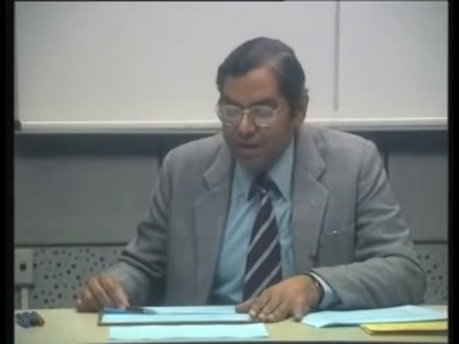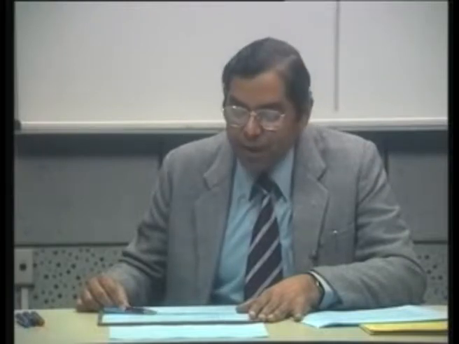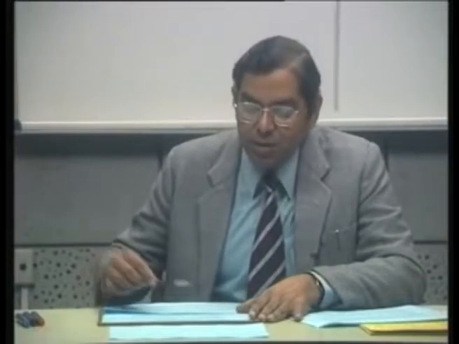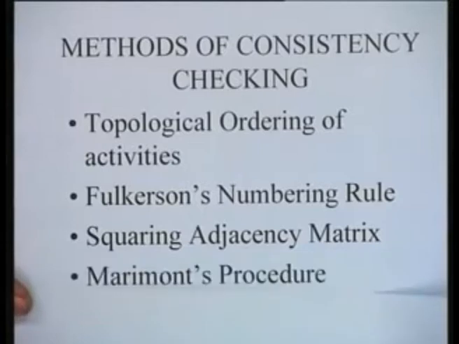The adjacency matrix is one representation of the project network, and by performing certain operations on the adjacency matrix, we can check whether the matrix or the project network is consistent or not. So we will examine these procedures in detail.